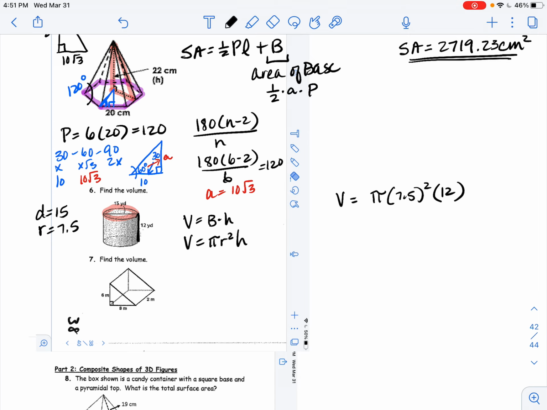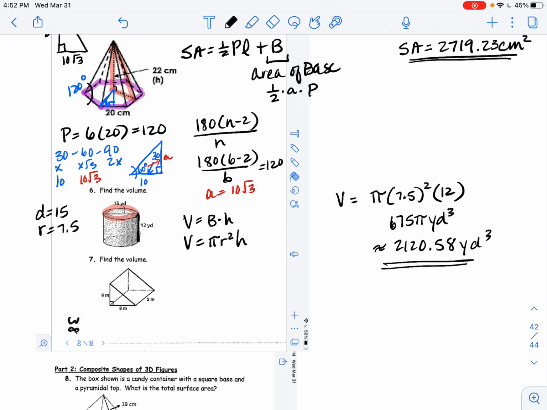I'm going to stick this into my calculator, and it gives me 675 pi, and that's yards cubed. If I work out the pi, that is approximately 2,120.58 yards cubed. I'm just going to double check my math there: pi times r squared times the height, 675 times pi, and 2,120, yeah.